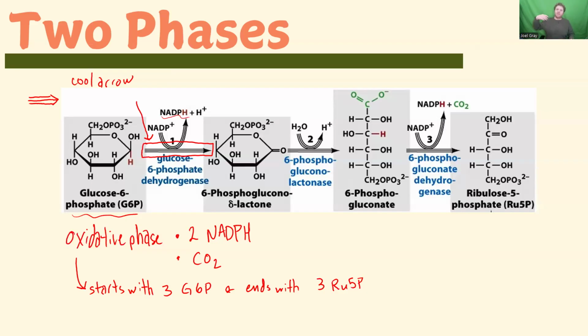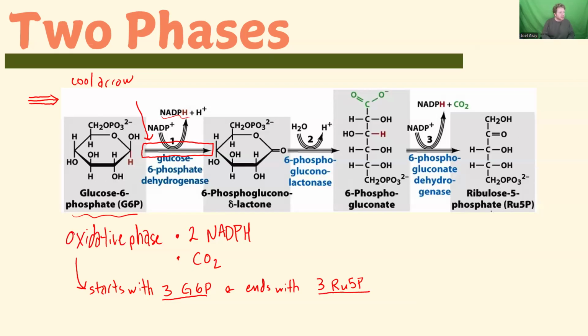The oxidative phase feeds into the non-oxidative phase. The way that I always think about the pentose phosphate pathway is that the first phase feeds into the second phase, and all of the action taking place in the first phase is almost preparation for the second phase. So that's why I take my thoughts on the oxidative phase and say that it starts with 3 glucose 6-phosphate and produces 3 ribulose 5-phosphate.